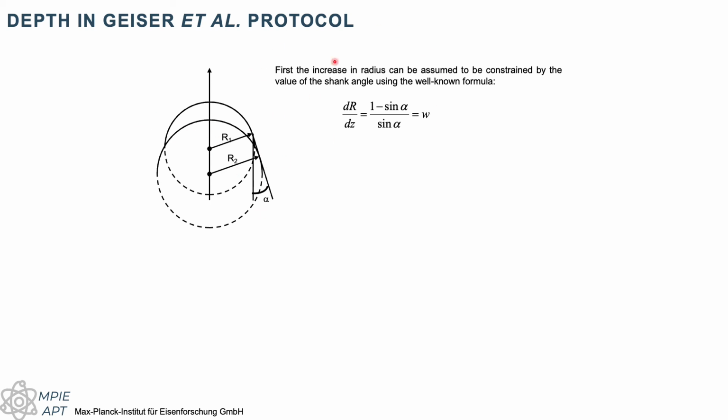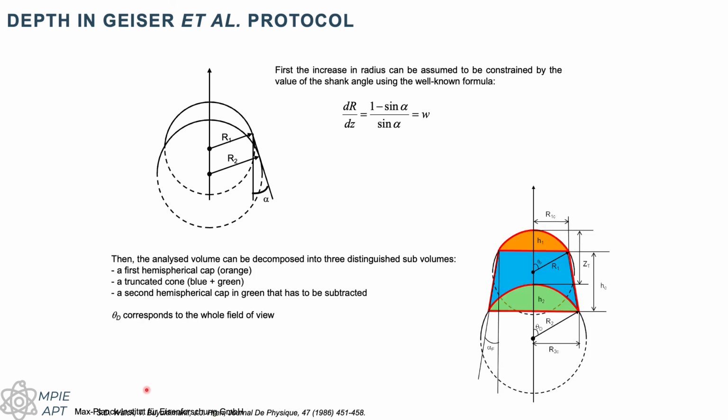So basically, if you assume this shank angle reconstruction model, we can use some of the work by Wolk. It's not really visible here, but I can send you the reference if you want, to give a slightly better estimation of the analyzed volume by considering that it's not just a cylinder, but has a spherical cap at the top, and a cylindrical region or truncated cone region in the center.